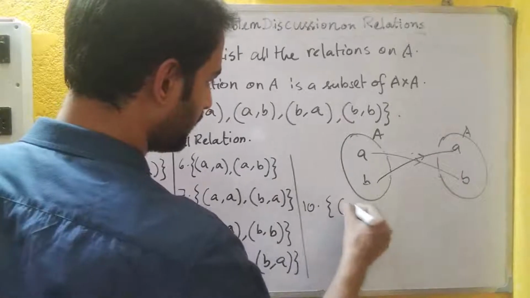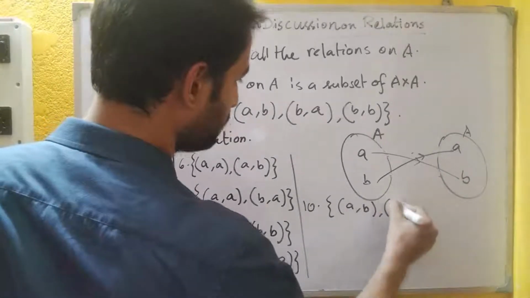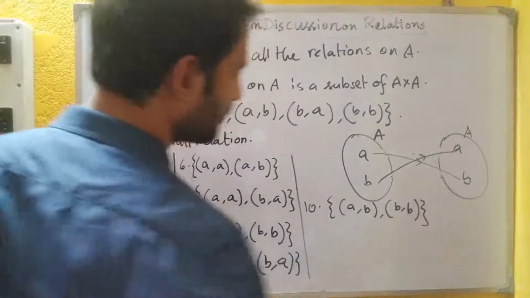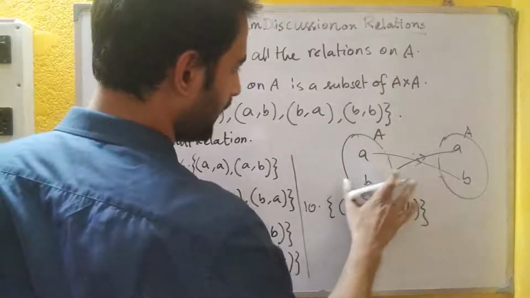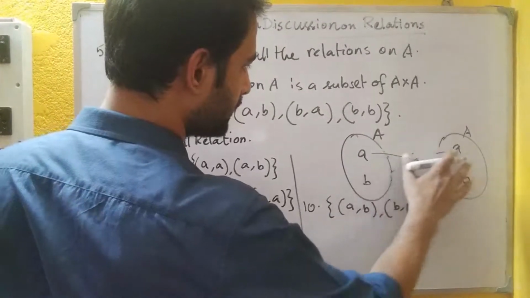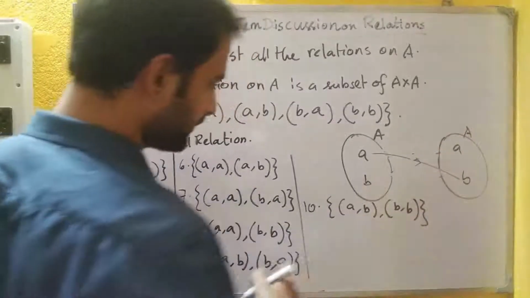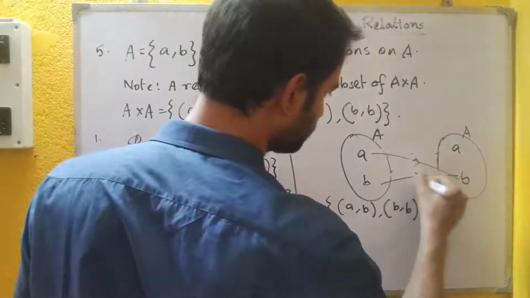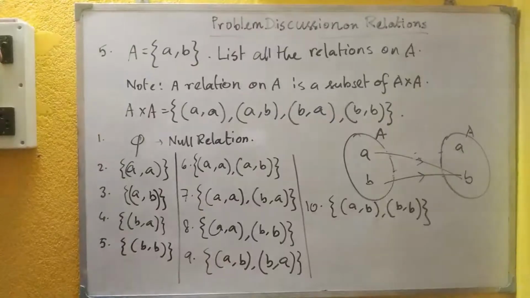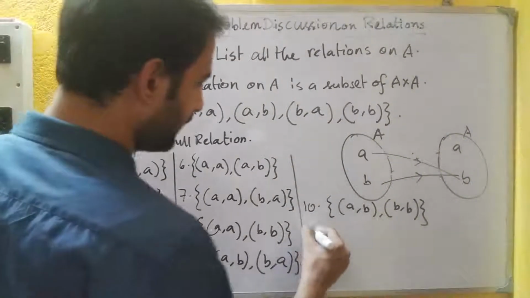We can take AB, BB. So then A will be related to B. So the first one is okay. And the second one is saying B is related to B. Number 11.